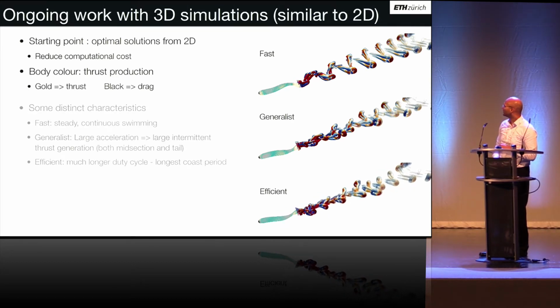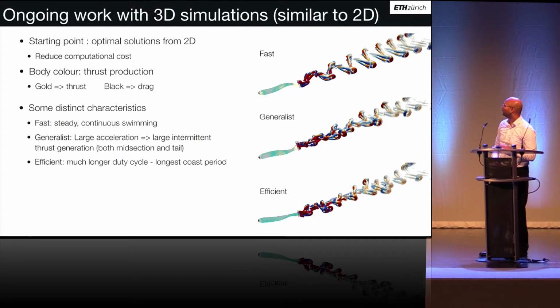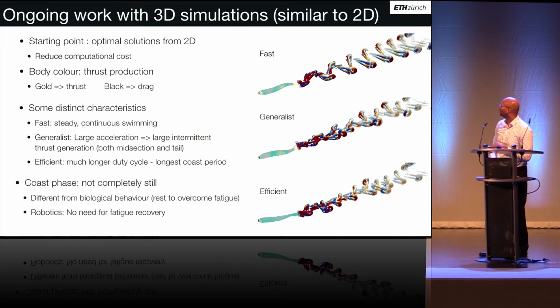So that's a difference from what you see in real fish. They usually come to a complete standstill. And that might be related to fatigue. So you stop moving your muscles completely to overcome fatigue. But if you're thinking about a robotic swimmer, you don't need to stop completely, right?